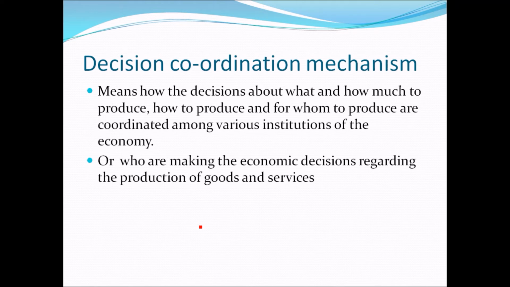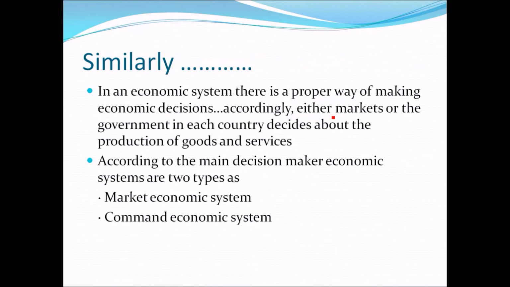At the beginning, in the definition, we recognize that an economic system is performed in order to solve the basic economic problems: what and how much to produce, how to produce, and for whom to produce. So by the decision coordination mechanism, it means who is making economic decisions regarding the basic economic problems.